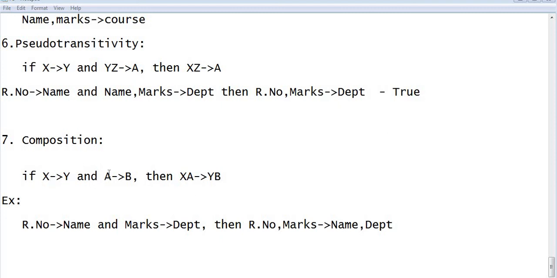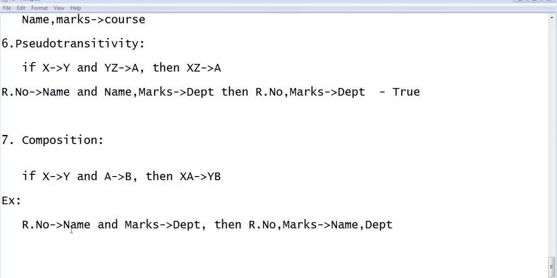X is a determinant, and in this part A is a determinant, so we are combining the determinants: XA determines YB. Here Y and B are the dependents of the two functional dependencies.